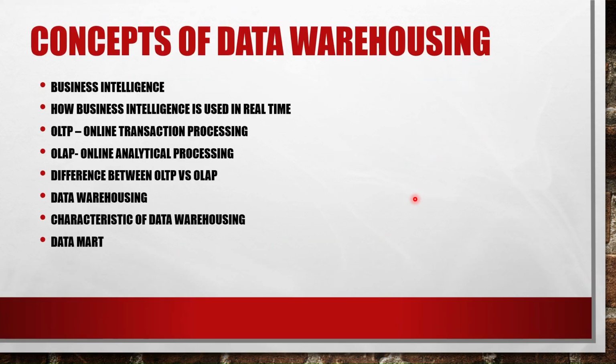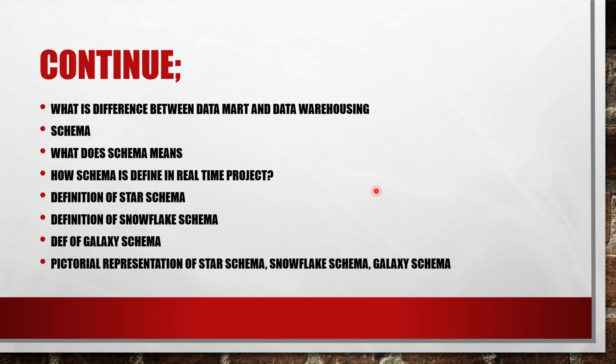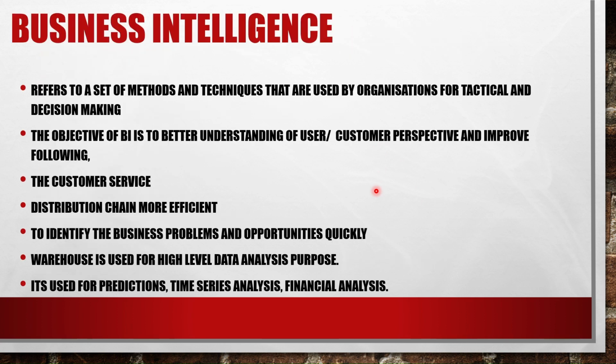First we'll see what business intelligence is. Business intelligence refers to a set of methods and techniques that are used by organizations for tactical and decision making. Each organization uses these methods, so that the user can make decisions easily with their help.